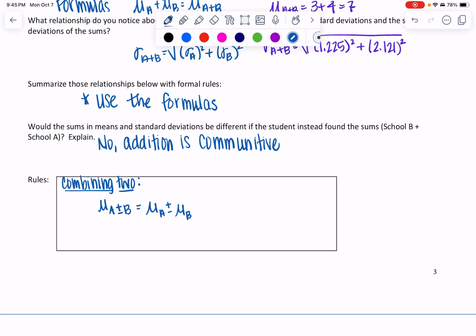And then for the standard deviation of a plus or minus b, that is the square root of the standard deviation of a squared plus the standard deviation of b squared.